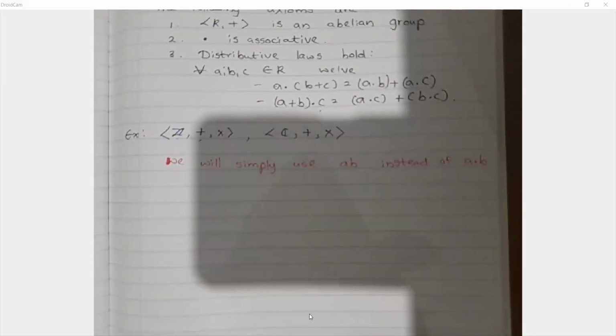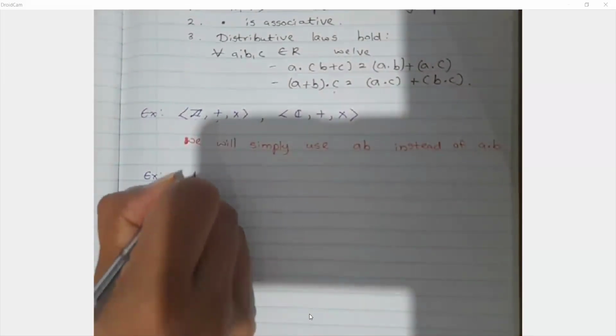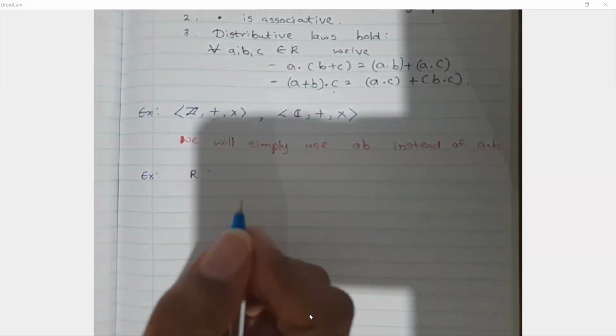Now let's take a look at another example. Let's take R to be any ring, right? So addition is defined over there.